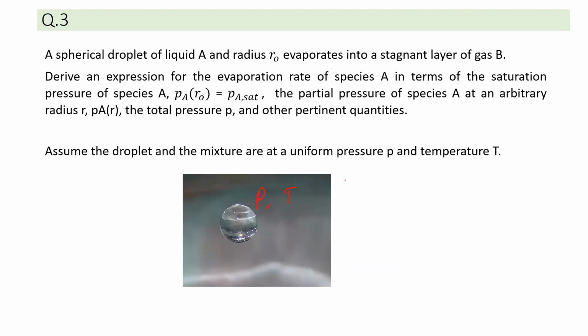Okay, so evaporation of a spherical droplet is given with a radius of R0. So it has a radius R0 and is evaporating into a stagnant gas B. We want the evaporation rate of species A in terms of the partial pressure PA of R, total pressure P, and other pertinent parameters.